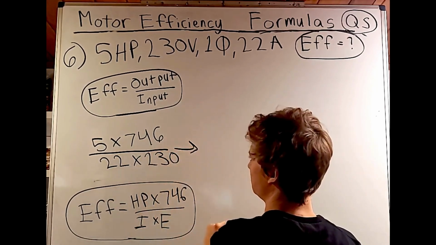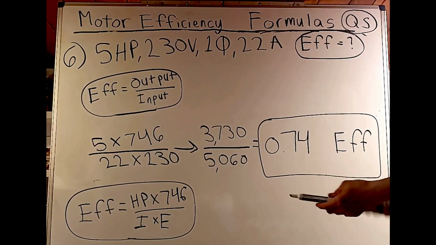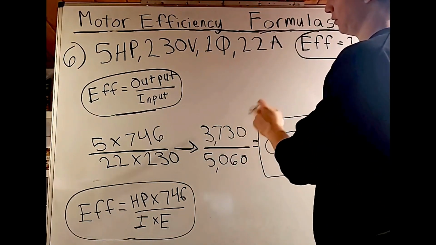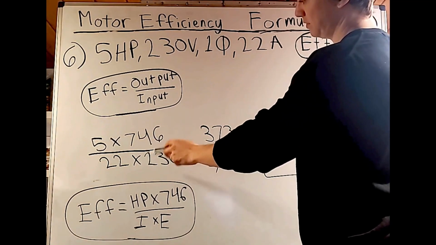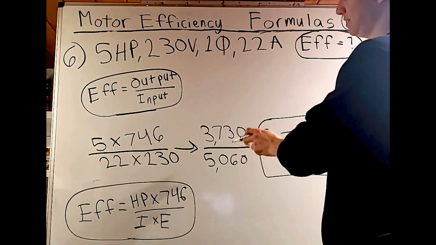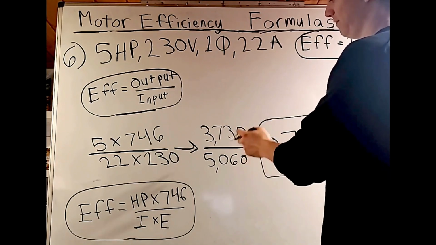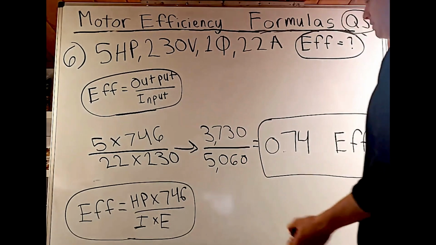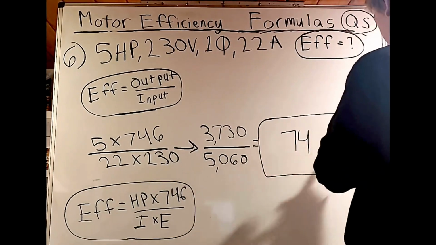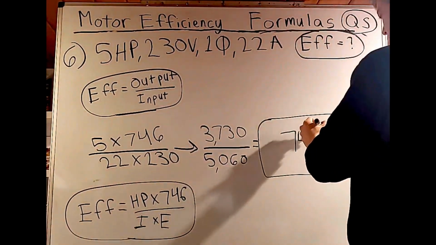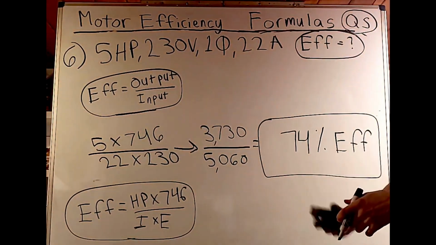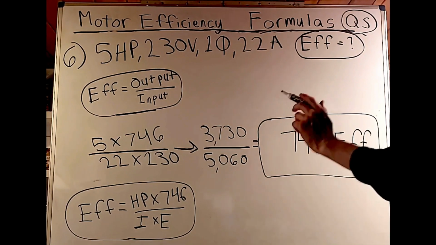Multiply the top, multiply the bottom, divide them. 5 times 746 gives me 3,730. 22 times 230 gives me 5,060. 3,730 divided by 5,060 gives me 0.74. But it'd be good to rewrite that as a percentage, so I'll call that 74% as my efficiency rating. And that is the final answer for this question.